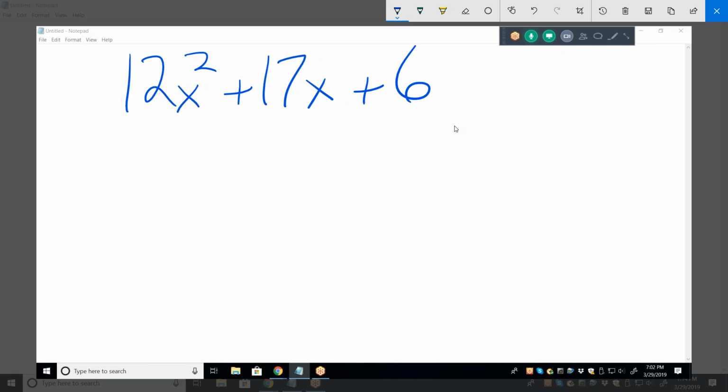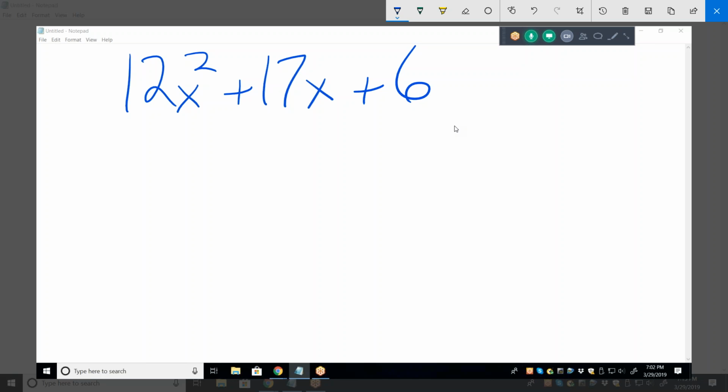Can't do that. In other words, in order to factor out something, you have to be able to divide every single term evenly by it. I can't even factor out a 6 because 17 is not divisible by 6. But the answer to my question was you look for greatest common factor.